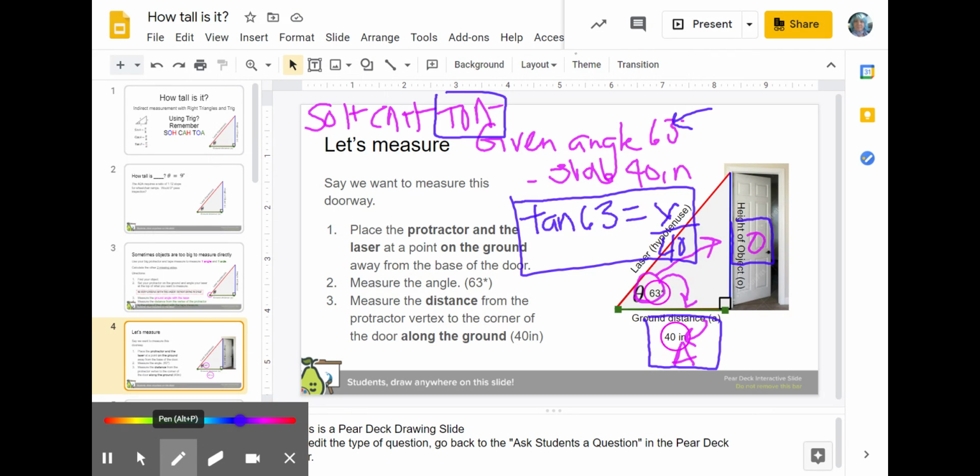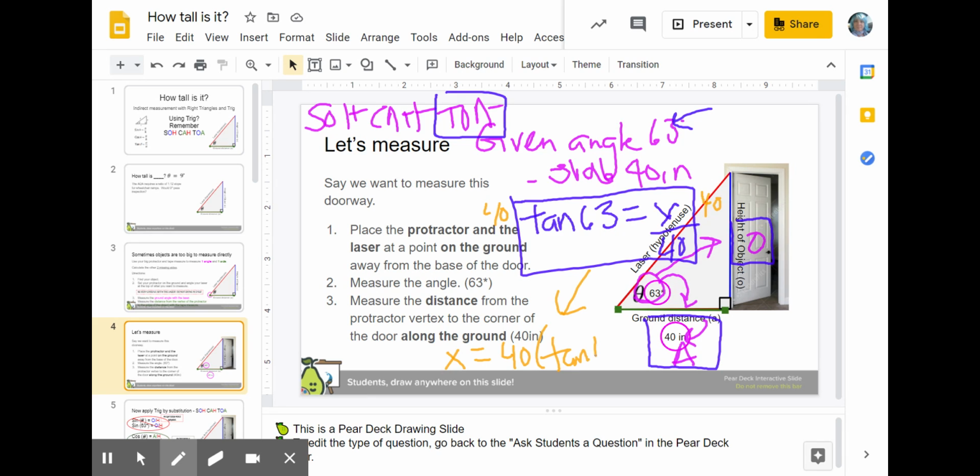So in order to solve this equation, I've got to multiply by 40 on the right side and multiply by 40 on the left side. So that's going to give me down here, x equals 40 times the tangent of 63. Okay. All I did was multiply by the denominator to solve my equation.